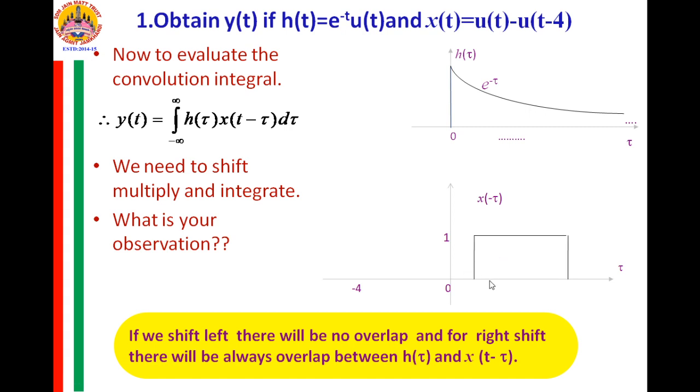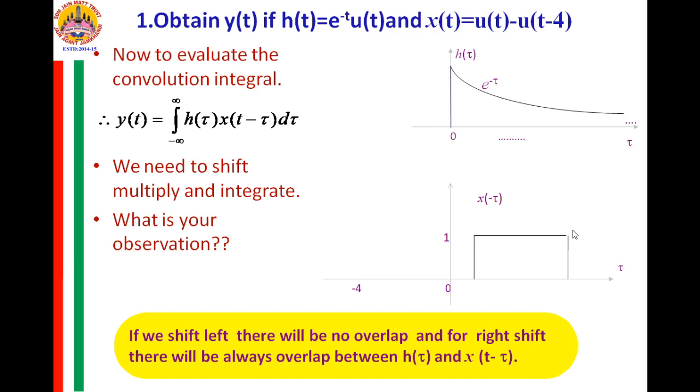As this is a limited length signal x of t, you will observe that while moving from the 0th position towards this side, initially part of this x of t will overlap with part of h of t, that is from 0 onwards up till this, these two will overlap each other.